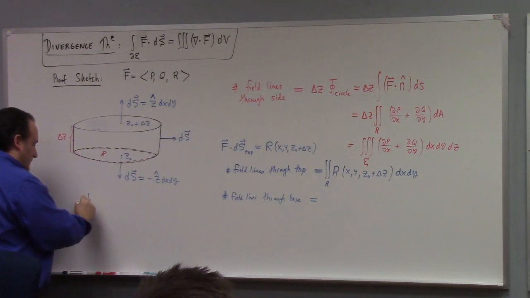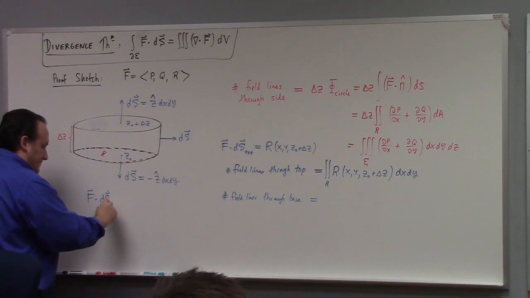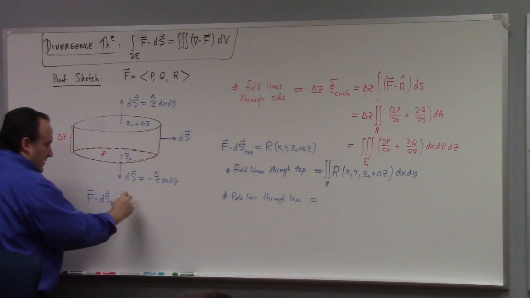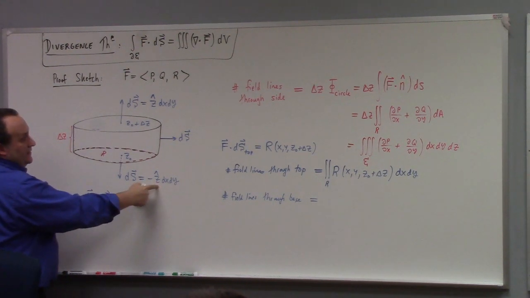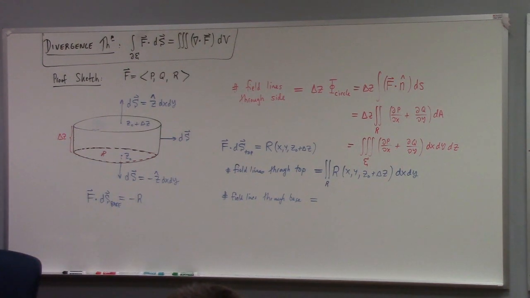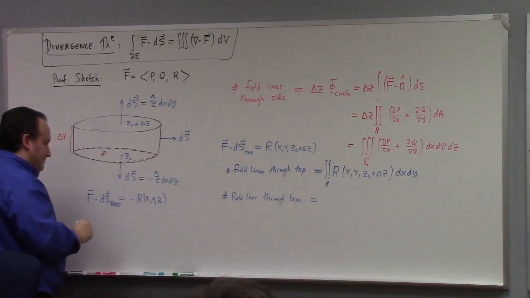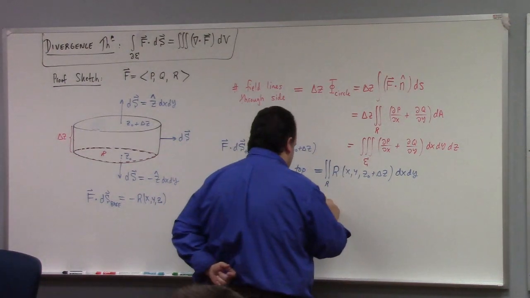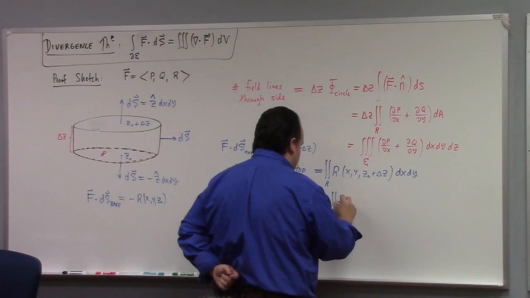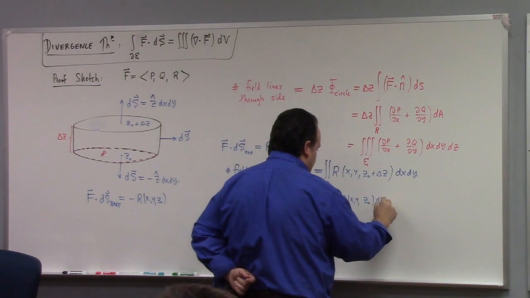Notice that the vector field dot the base dS is minus R z hat dot dS. The only part of F which is actually piercing the surface is the z component, and specifically this is at z naught. So I have minus the integral over R of R of x comma y comma z naught dx dy.